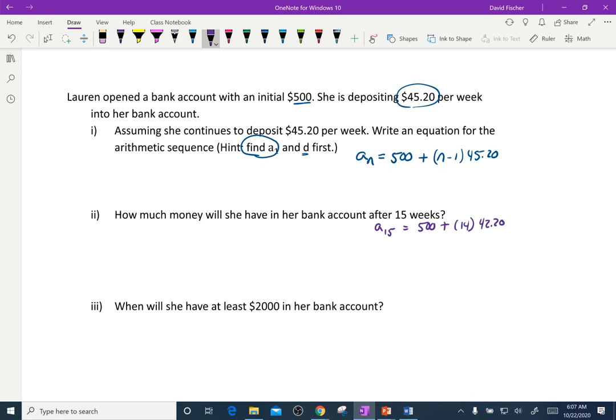All right, so I got 42.20 times 14. I'm getting, oh, you know what? It's not 42.20, it's 45.20. I just noticed that. 45.20. Let me do that again. Times 14. I'm getting $632.80. So I want to add 500 to that.